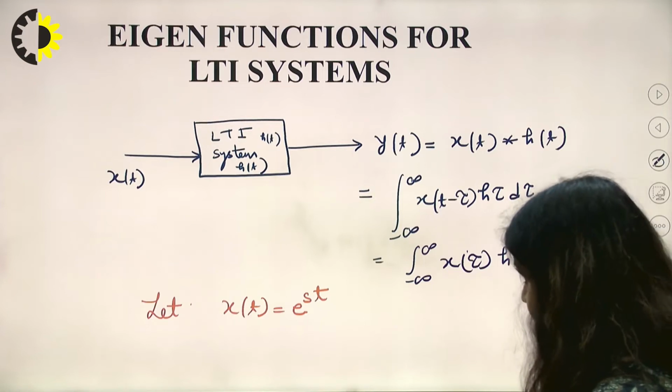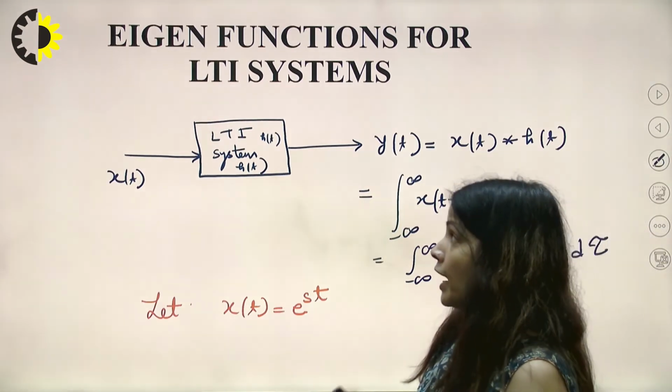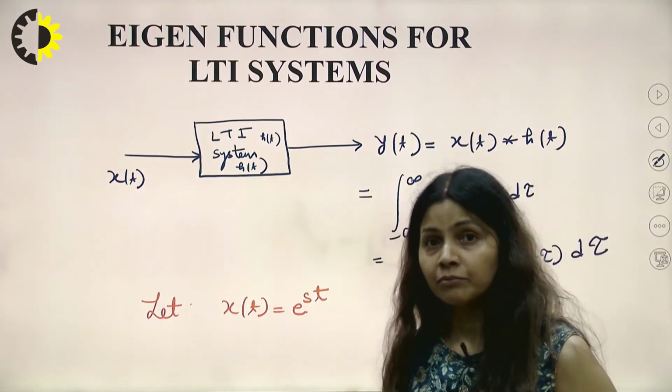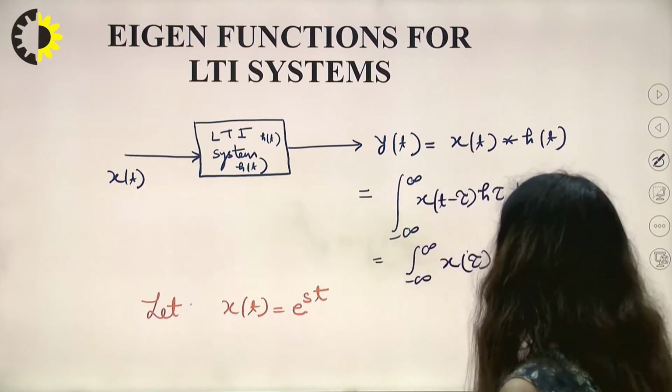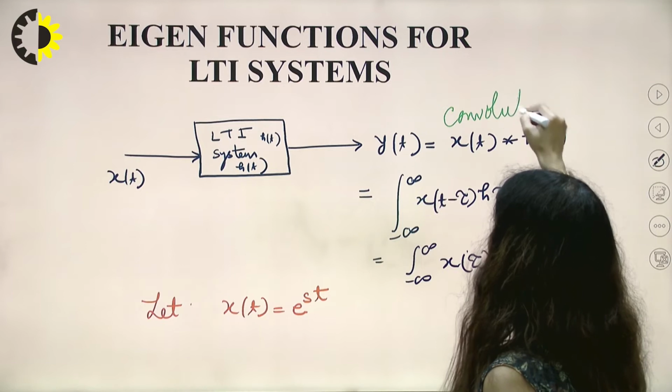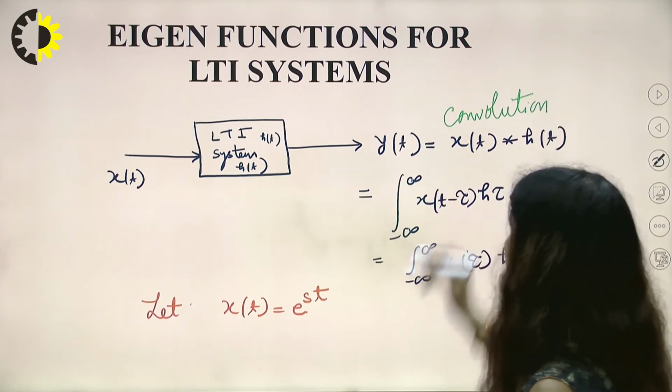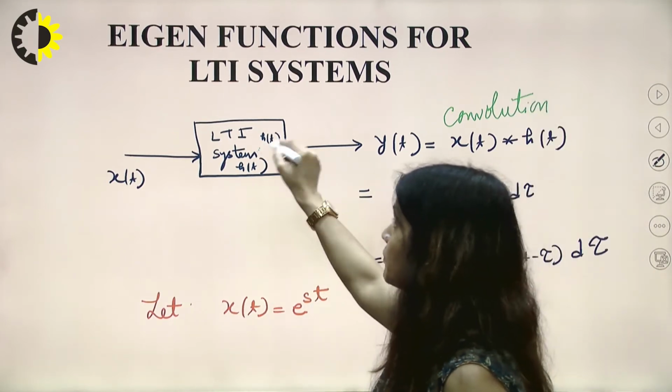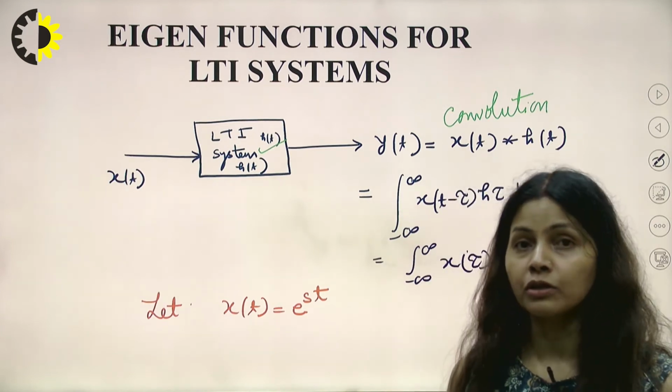So we have any LTI system, and by using the convolution formula, here it is my convolution formula, I can calculate the output for any input whenever the impulse response of the system is known.